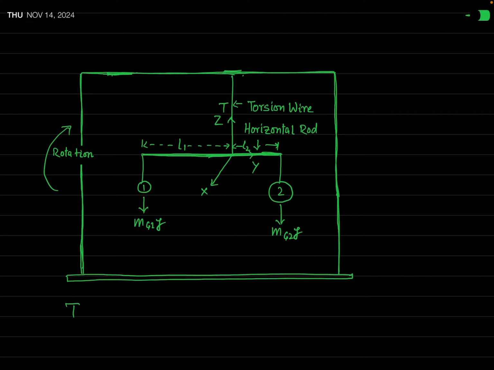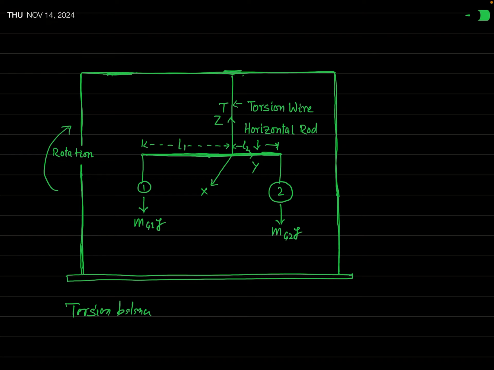So the torsion balance is the most important part of this apparatus. Eotvos used a sensitive torsion balance which consisted of a horizontal rod, as you can see here.